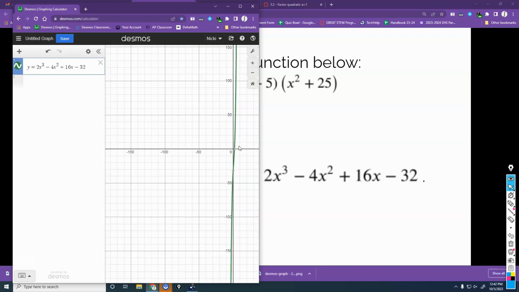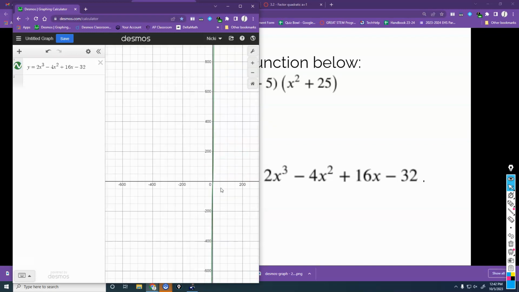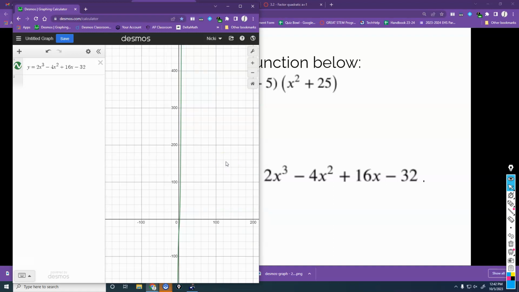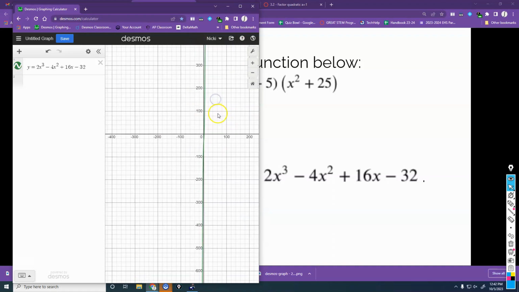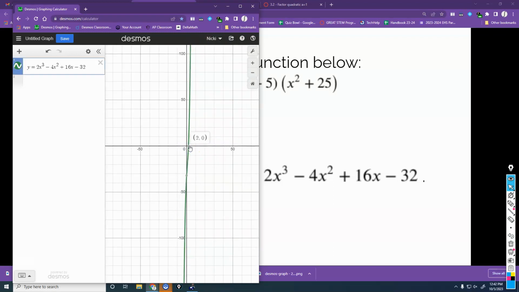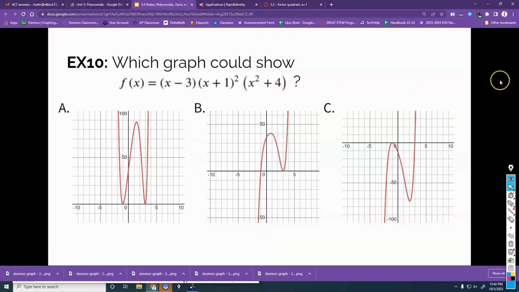But do you see any more? Does it look like this graph takes a turn back down anywhere? No. So what I'm probably seeing here is that I got one real 0 at 2 and the others are imaginary, so I can't find those from the graph.